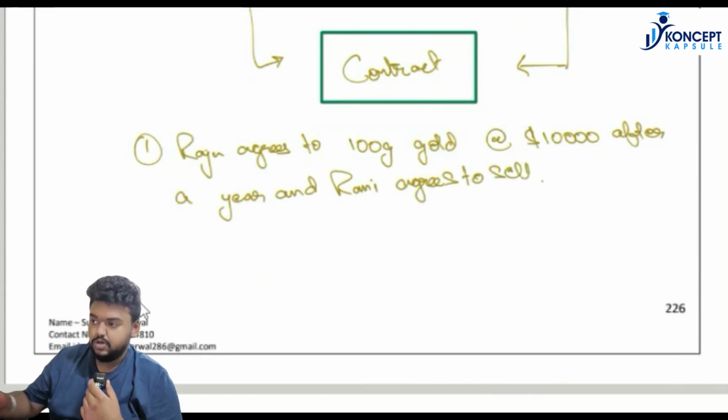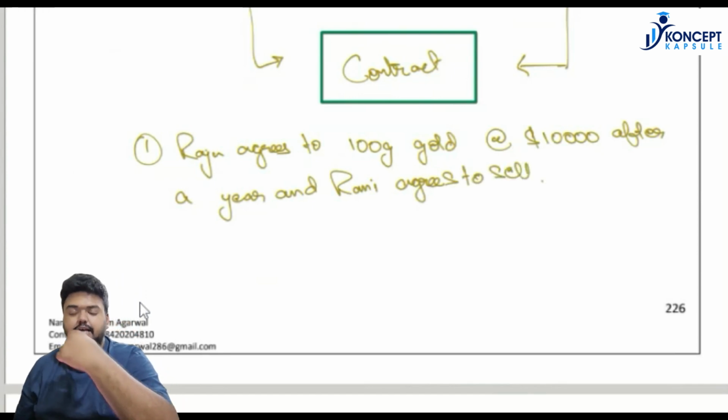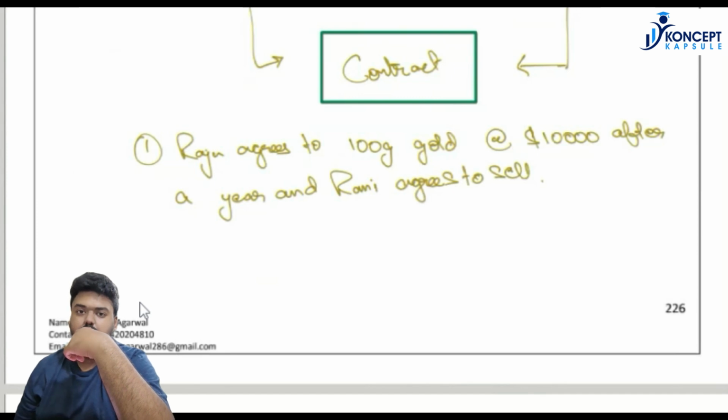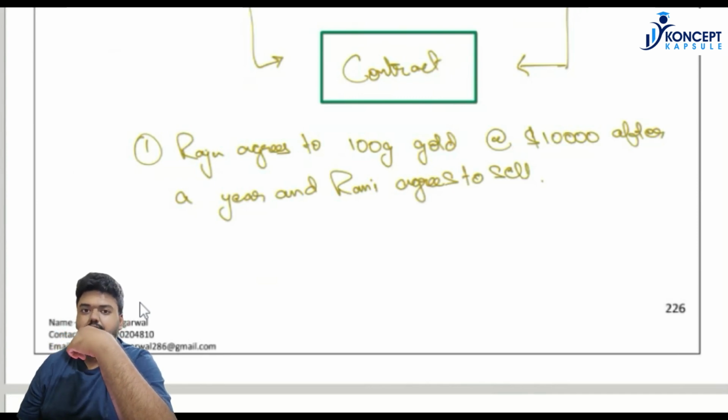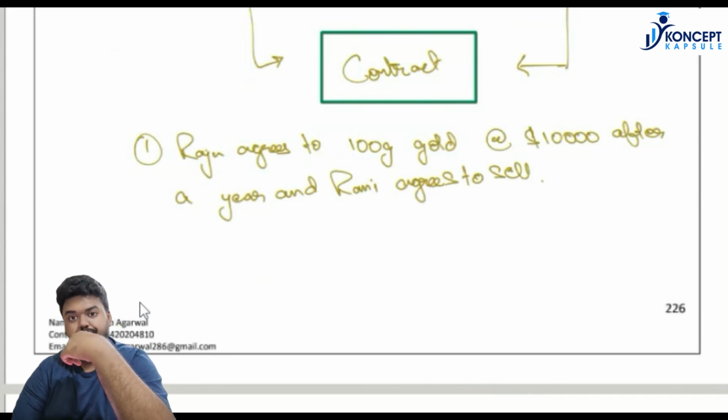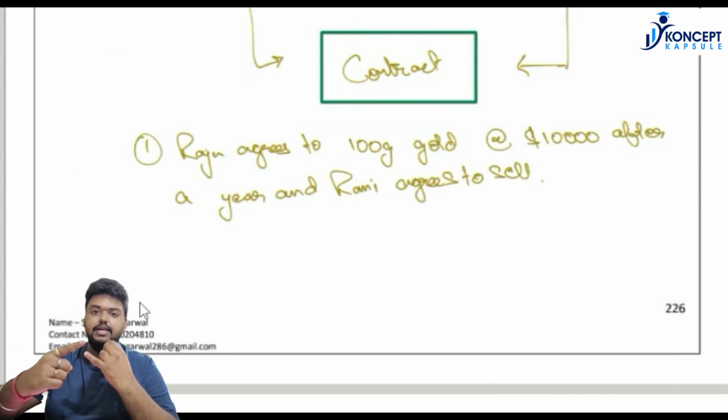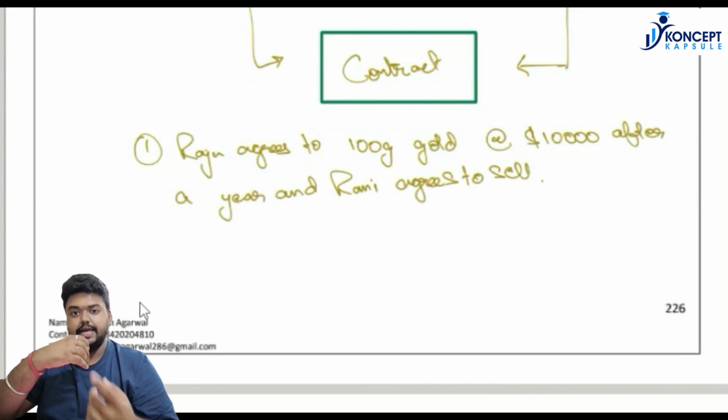Since Raju did not have the money and Rani did not have the gold, but Raju was interested in the upward movement of gold and Rani in the downward movement, they entered into a contract where they said that, yes, after a year, we will meet again.